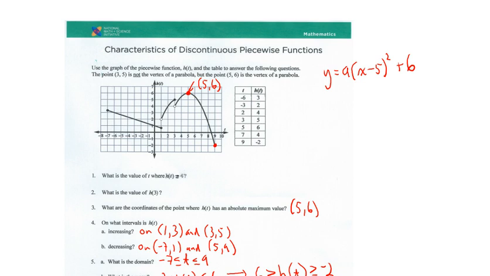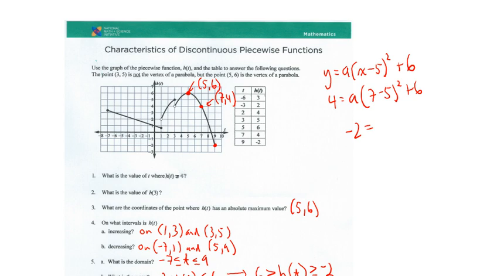Okay, and there was a question that asked, when is h of t less than 0? Well, first thing we want to do is look at the graph. The only portion of the graph where we have negative y values is this portion right here. And so to solve when the function is negative, I'm going to need to use the quadratic formula and this equation right here.